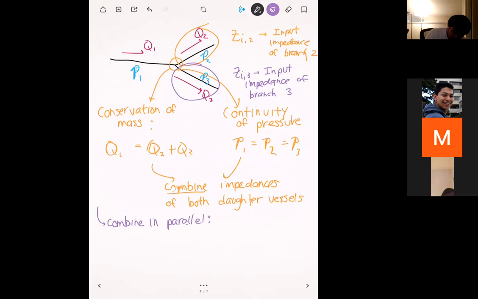And so what we can say is that 1 divided by ZiD, where ZiD here is the combined input impedance for both of the daughter vessels, is going to be equal to 1 over Zi2 plus 1 over Zi3.